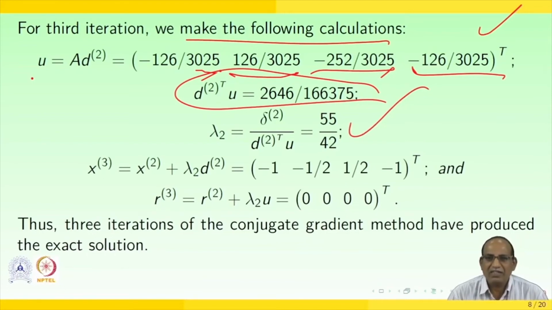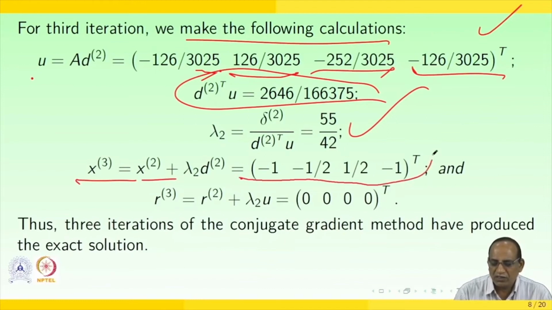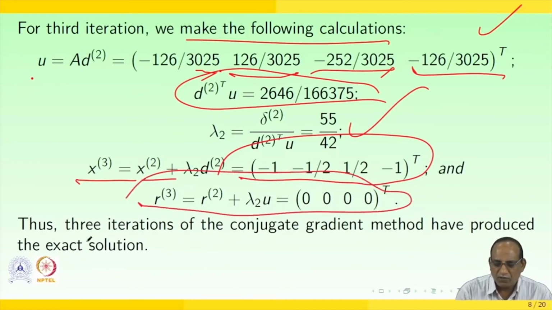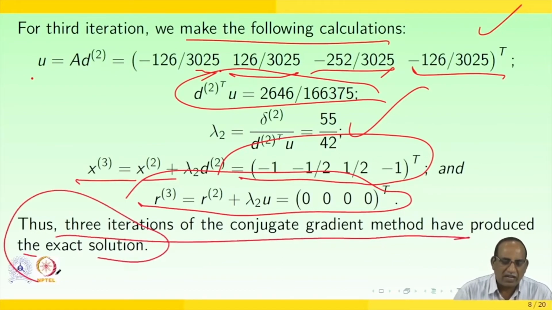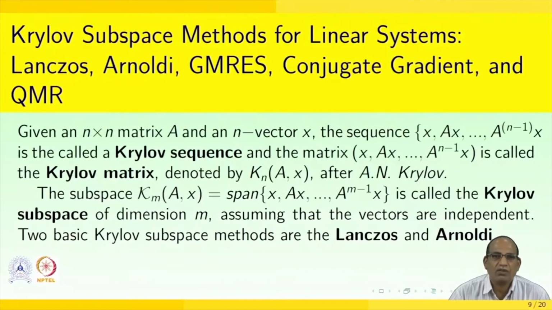If you look at the third iteration, x3 is x2 plus lambda 2 times d of 2, which is nothing but this value, and similarly R3 is nothing but R2 plus lambda 2 times u, this 0 value. Thus three iterations of the conjugate gradient method have produced the exact solution, as we could see from this note.